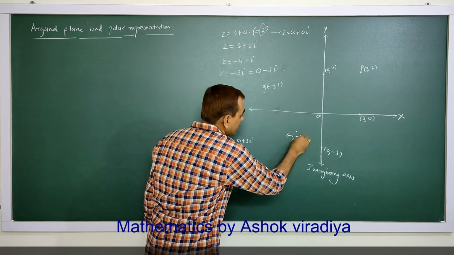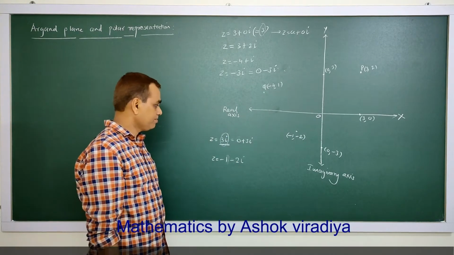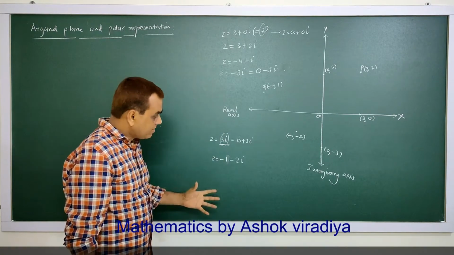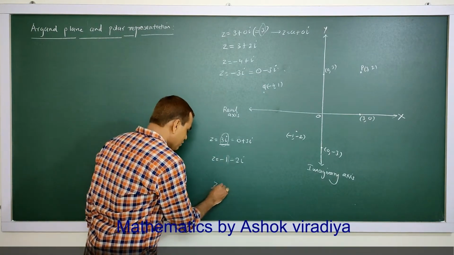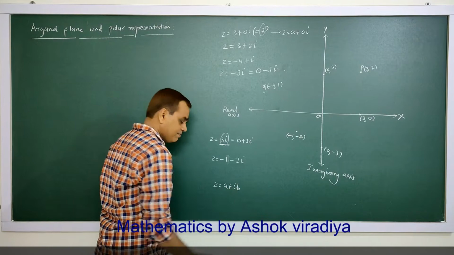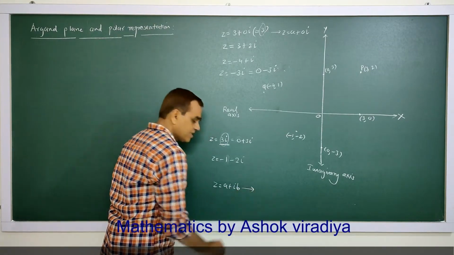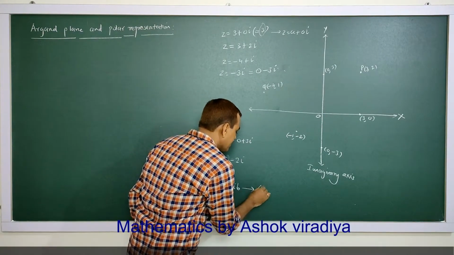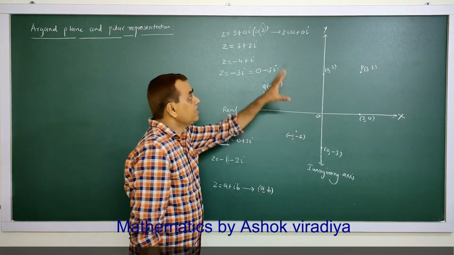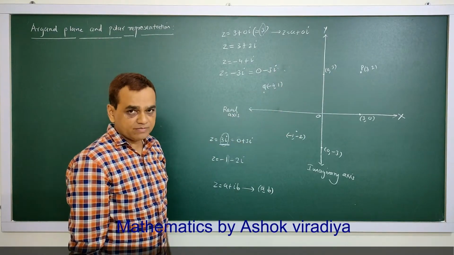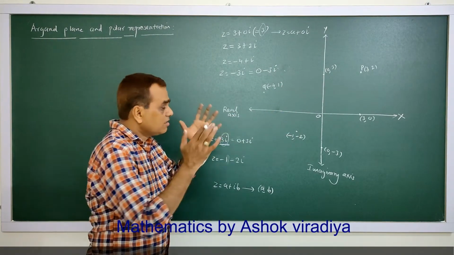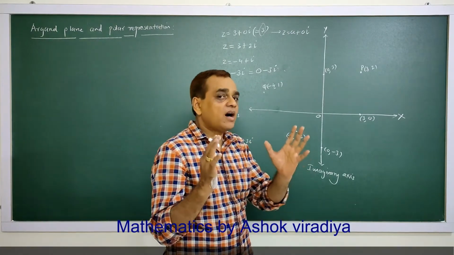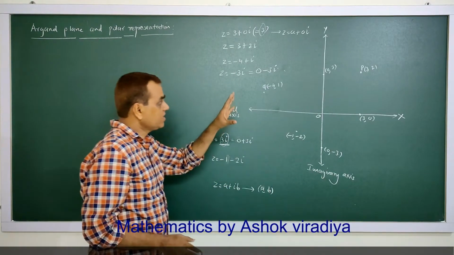(Minus 1, minus 2). So for any complex number z equal to a plus ib, there exists a point (x, y) in this coordinate plane. So the plane obtained thus is said to be the Argand plane. So this is an Argand plane.